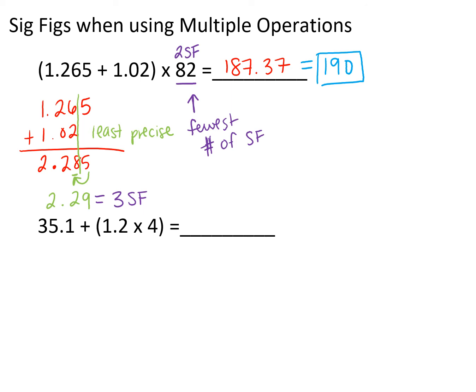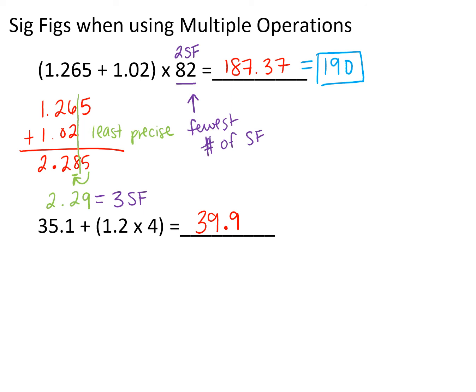So looking at this next one, we're going to do 1.2 times 4 first, and then we're going to add that to 35.1. So my unrounded answer is going to be 39.9. And then I need to break the problem down.